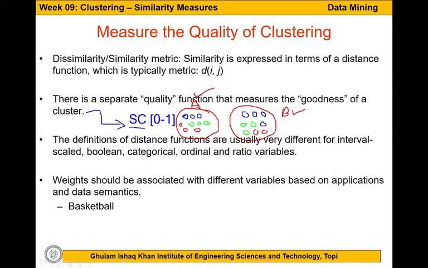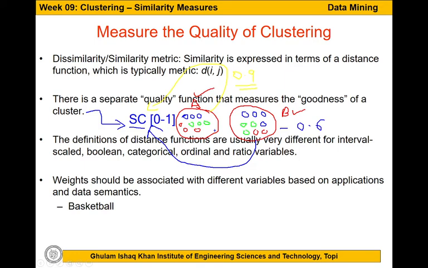So what will we be doing? We will be computing the SC, Silhouette coefficient value, for clustering A, and let's assume the Silhouette coefficient value for clustering A turns out to be, let's say, 0.9, right? And the Silhouette coefficient value for clustering B turns out to be 0.6, right?